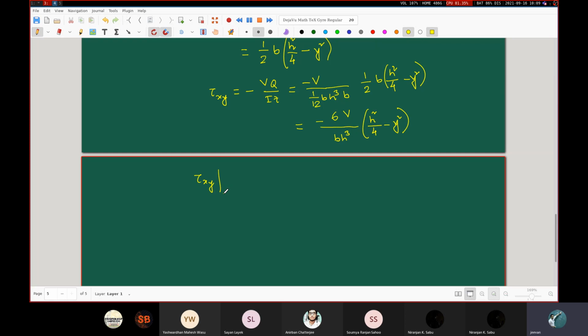You're going to obtain the highest value of tau xy at y equal to 0. So the max magnitude is here. This is minus 6V by b h cubed, times h squared by 4, which is basically minus 6V.